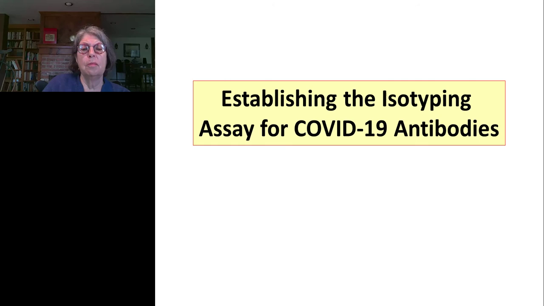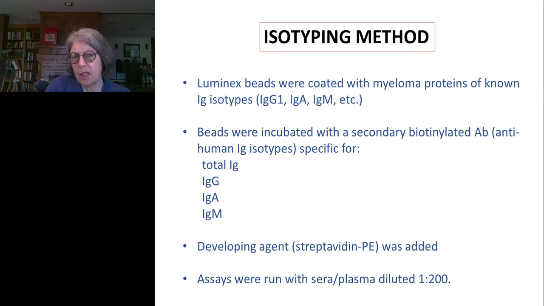So here is the method. It is basically the same method that we used before, but we use antibodies to the various subclasses or isotypes of antibodies, and I'll show you that in a minute.